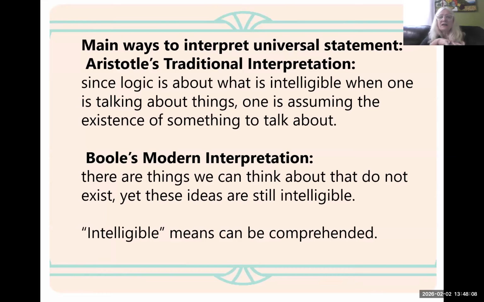So since logic is talking about things, it should be only talking about things that are intelligible or cognizable to other intelligent beings. So when somebody is talking about something, you're going to assume that what they are saying implicitly is that thing exists.